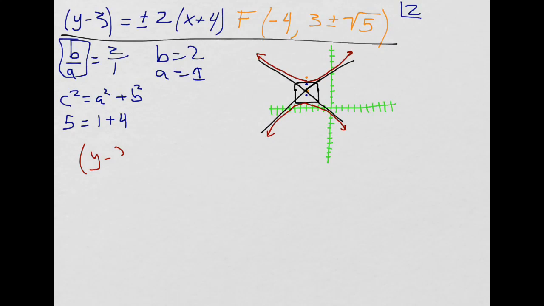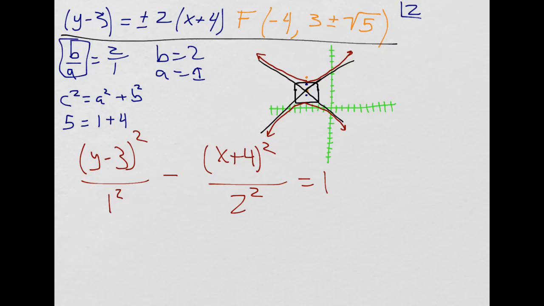So we're going to get y minus 3, quantity squared, over our a value, which is 1, so over 1 squared, minus the quantity x plus 4 squared, over our b value, which is 2 squared, equals 1. And make sure you recognize y minus 3, x plus 4. That's nice. Okay, and now we want to do this in parametric mode as well.